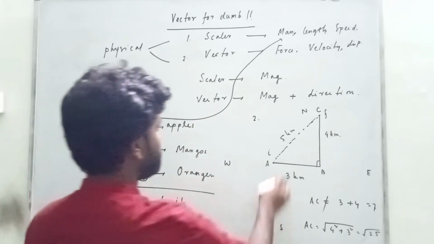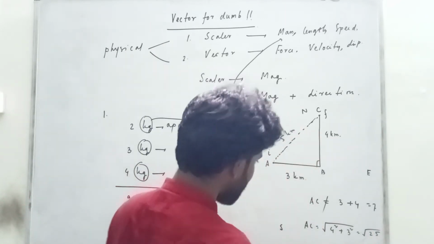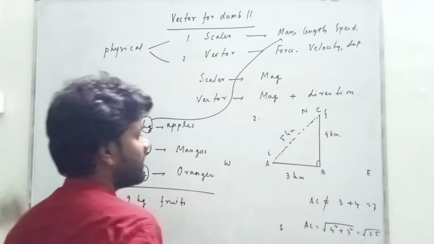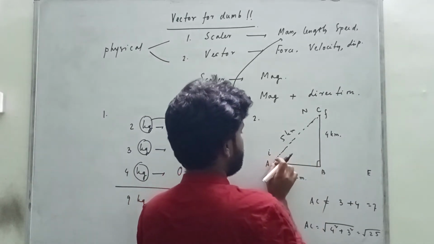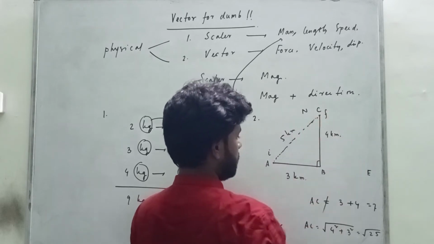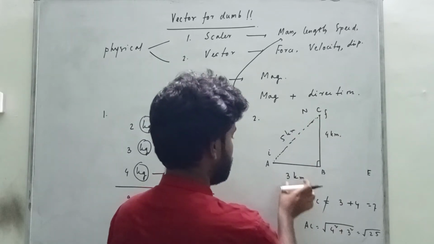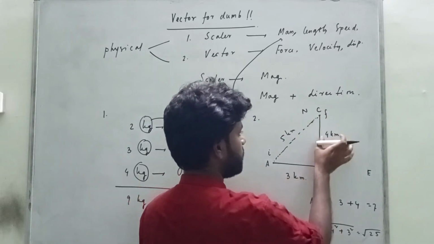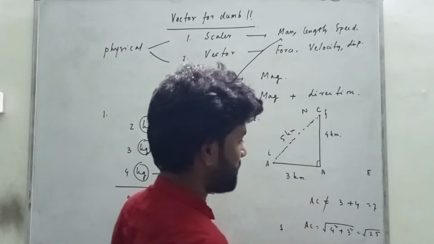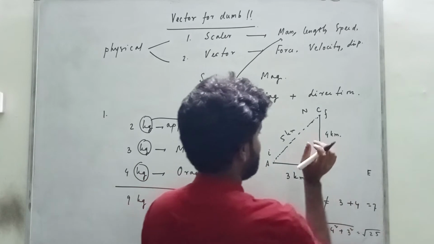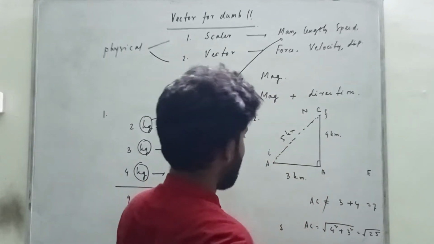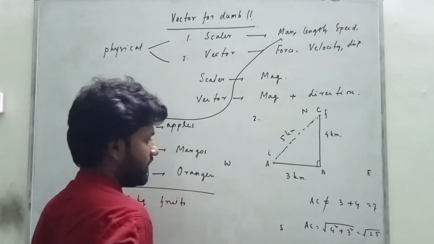But here is the problem. The length in between A and C is not 7 kilometers. It's not 3 plus 4, I mean 7 kilometers, right? Because just look at this stuff very deeply. What is this actually?